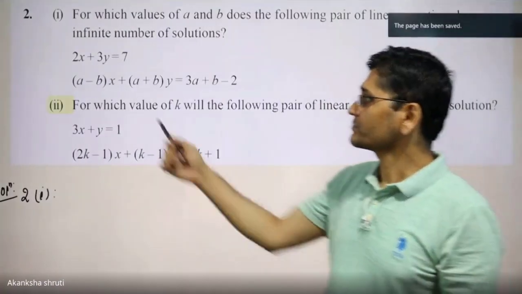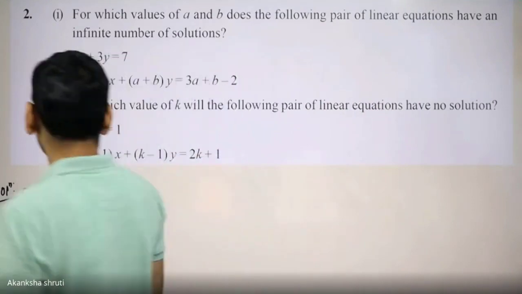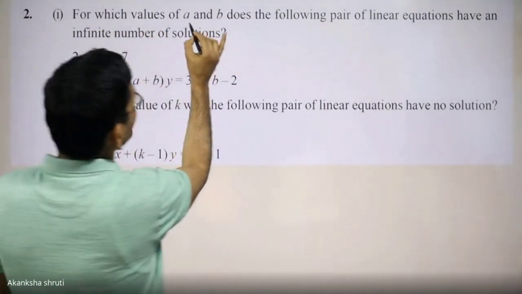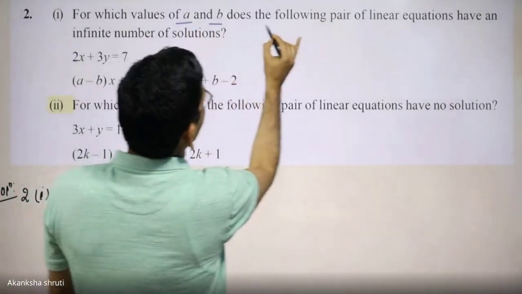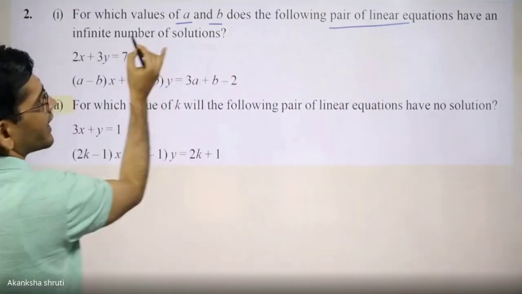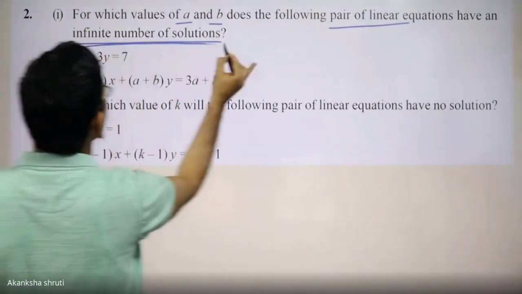Students, let us come to question number 2 of the same exercise 3.5. For which values of a and b does the following pair of linear equations have an infinite number of solutions?